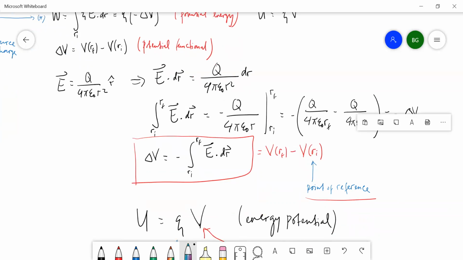Nah, bisa saya simpulkan bahwa delta V di sini sama dengan minus ini. Walaupun saya turunkan untuk kasus khusus, yaitu partikel titik, rumusan ini berlaku secara umum. Dengan kata lain, ini adalah definisi potensial atau beda potensial secara umum.